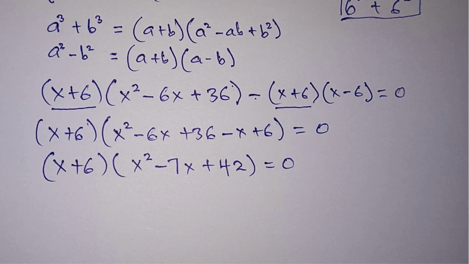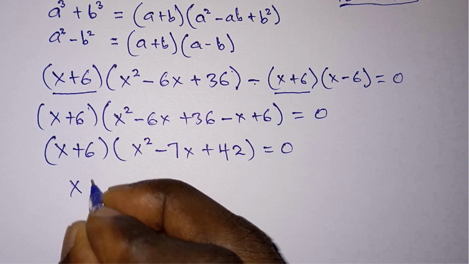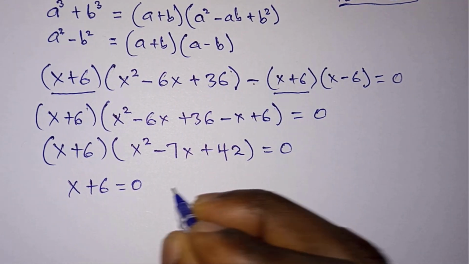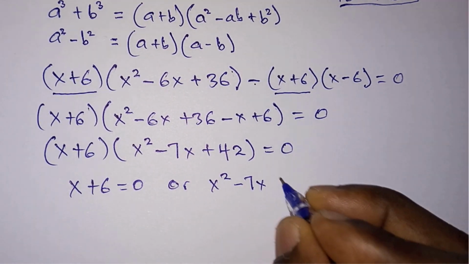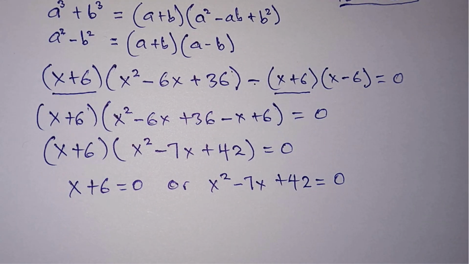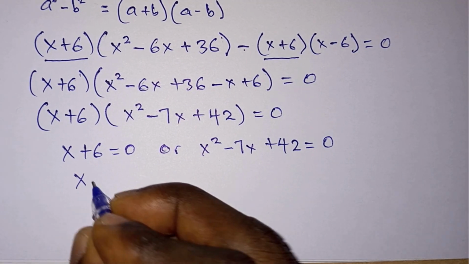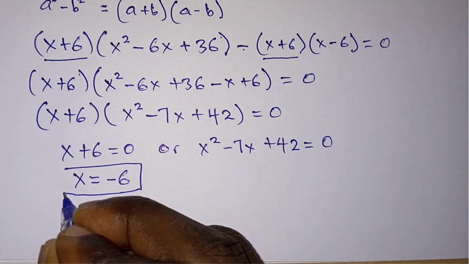If the product of two factors is equal to 0, it means that either of them can be 0. So we have x plus 6 is equal to 0, or x to the second power minus 7x plus 42 is equal to 0. From this equation, straight away we have x is equal to negative 6 as one of the solutions.